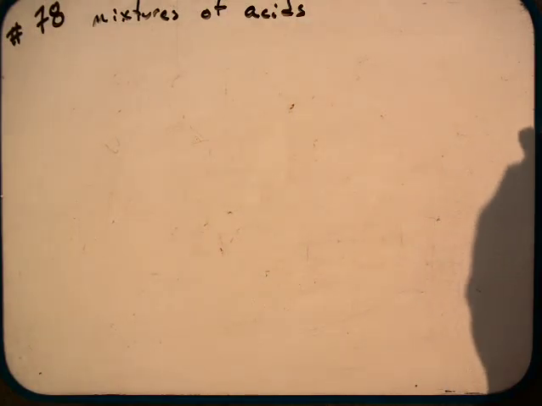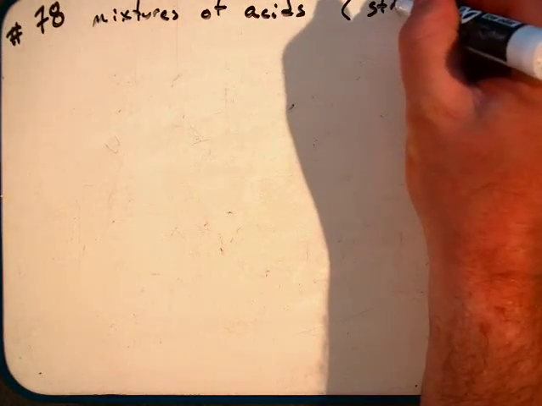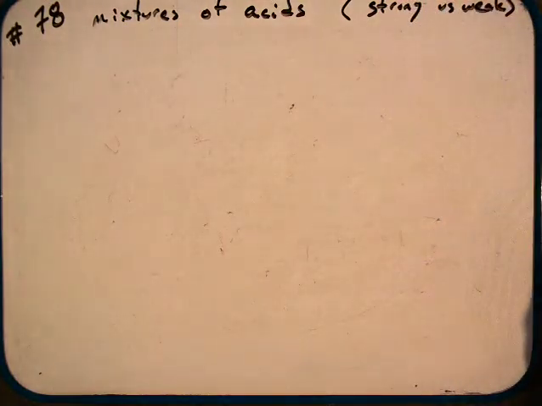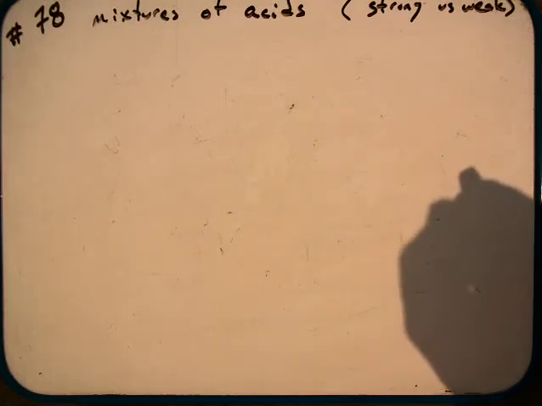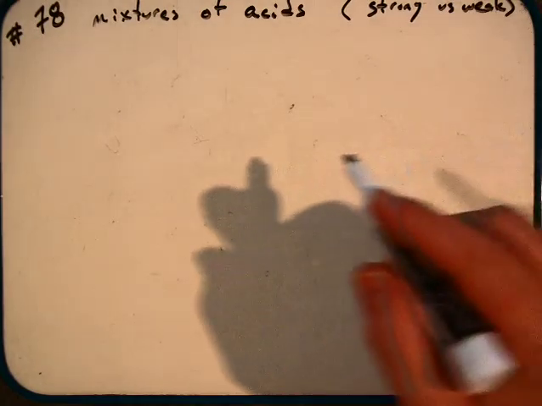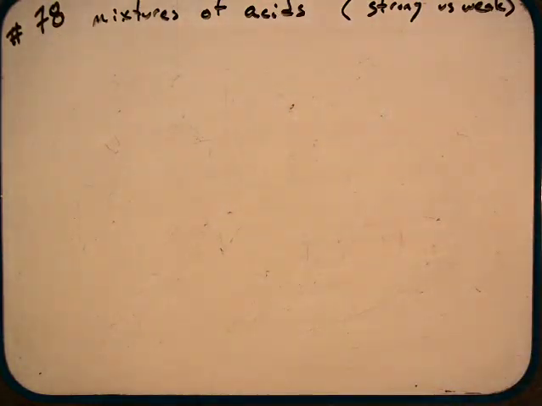With mixtures of acids, we basically have to determine strong versus weak, right? The weak acids aren't going to impact the pH if it's paired with a strong acid. So really what we need to do, when we look at a mixture, is determine what types of acids are actually in the mixture.